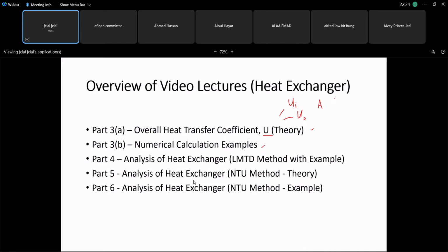If you still remember, the professor mentioned U is meaningless without defining what is the area you refer to. It's either AO or AI, right? If the U is defined according to AI, then the U is called UI. If the U is defined according to the outer surface, or AO, then the U is called UO.